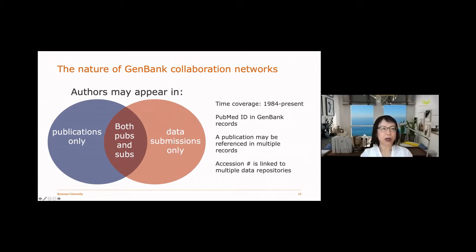And then there's also a small portion of the authors who reside in both networks. The data is longitudinal in nature, and there's a PubMed ID in case we need to verify the affiliation information or other information about the publication.